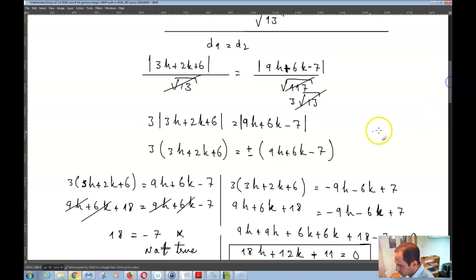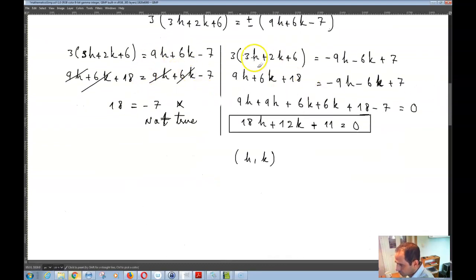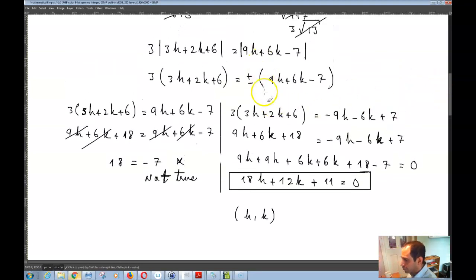And then we got this equation, this relationship, and there we got these two cases because we had the absolute value function, and one of these cases was not, of course, acceptable because it gave us some garbage answer. It was 18 is equal to negative 7, which is of course not even true.